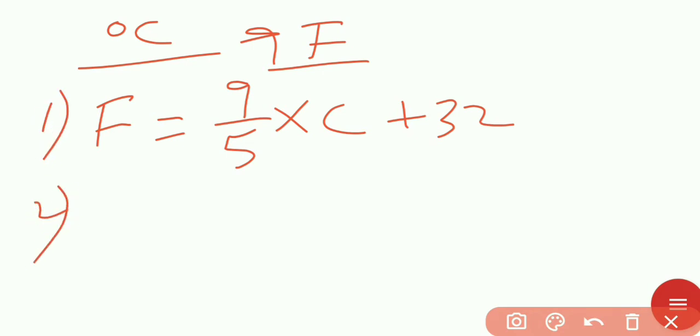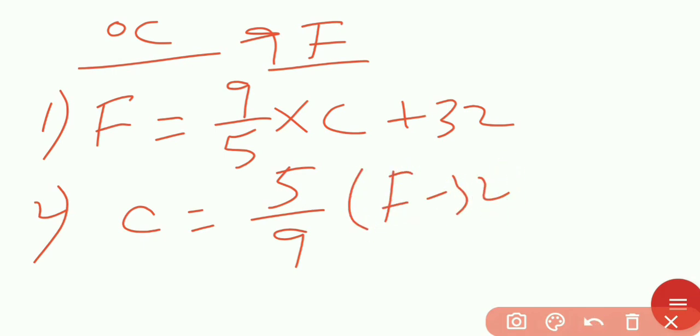Number 2, C equal to 5 by 9 into F minus 32. Okay, with the help of these two formulas, we will find out C and F.